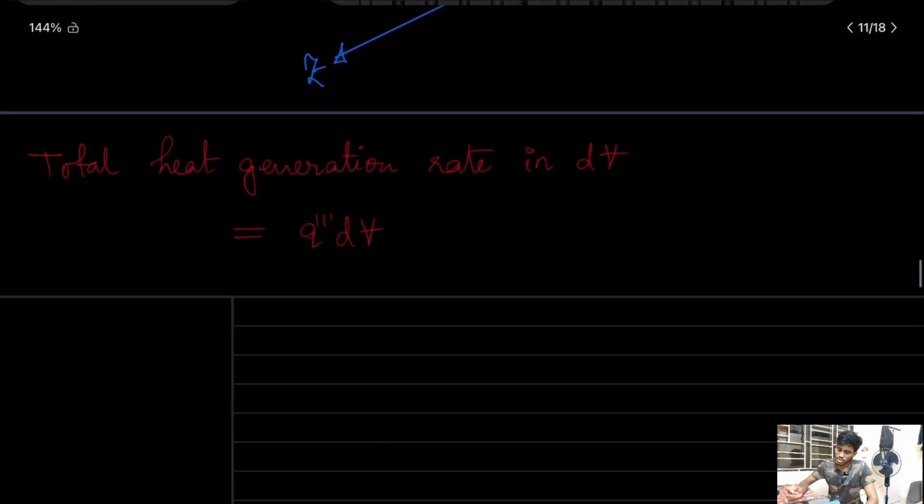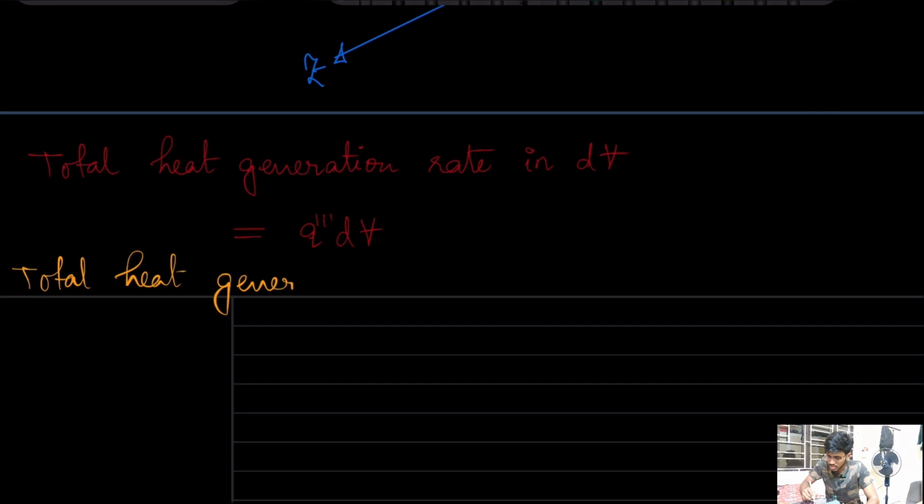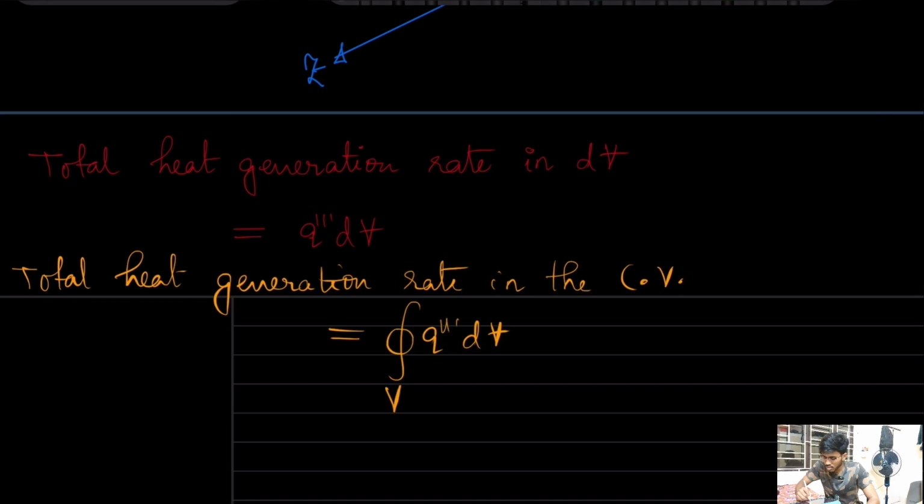So the total heat generation rate in the control volume, CV in short, will be equal to the integral of q triple prime dV over the whole volume. That is nothing but our Qg.